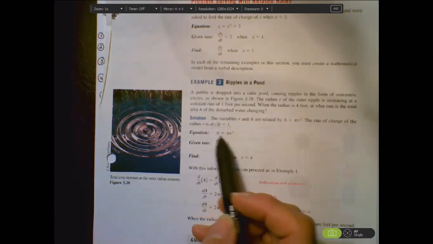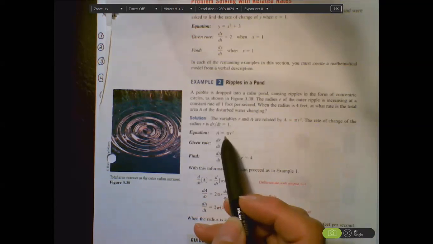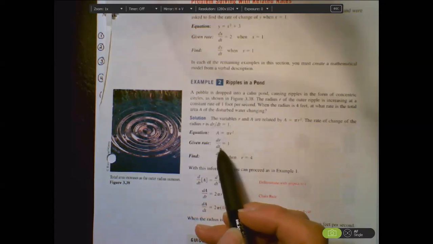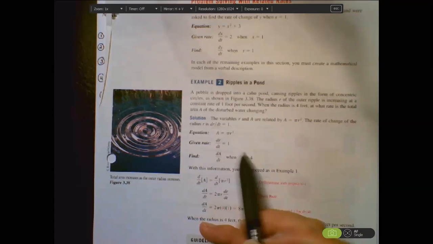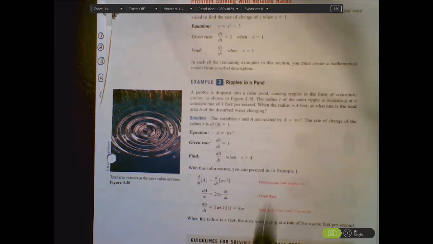Now, you give me the equation. You give me one of the rates so that I could find the other rate, and it's going to be at some specific radius. Now, that reminds me of something I wanted to say about this picture.